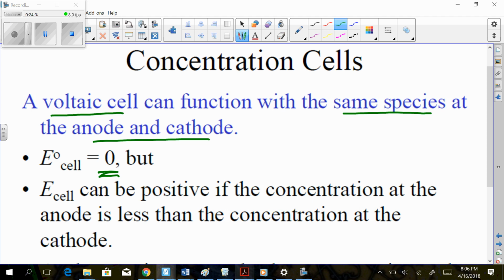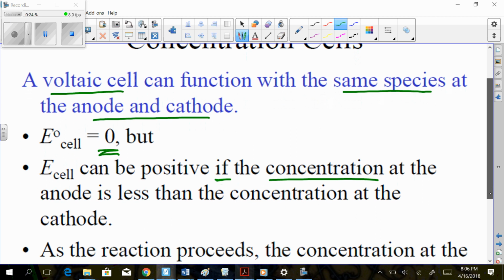But you can actually do that with the same substance on both sides if the concentrations are different. In other words, if the concentration at the anode is less than the concentration at the cathode, this will work.